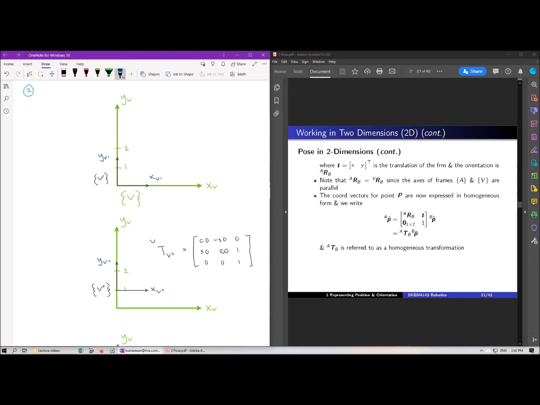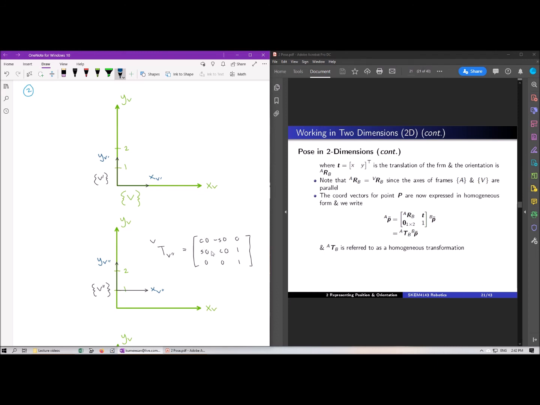As we know, this is the rotation part. There's no rotation, right? Because it's parallel. XV double prime is parallel with XV prime, and YV double prime is parallel with YV prime. So the angle is 0 because there's no rotation.